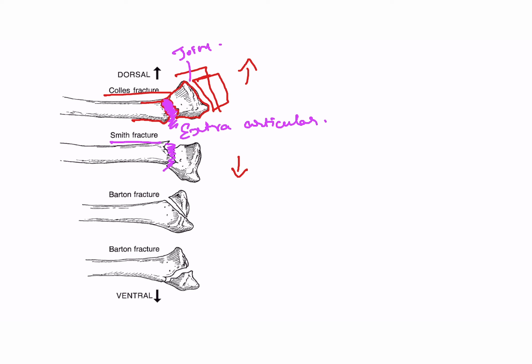Barton fracture is an intra-articular fracture, because you see the fracture line in the Barton fracture goes into the joint, right? That's the wrist joint there. So the line goes into the joint. So that's a Barton fracture. When the Barton fracture chips out with the dorsal fragment, then it is a dorsal Barton. If the same intra-articular fracture has a volar chip, then I would call that a volar Barton, right?